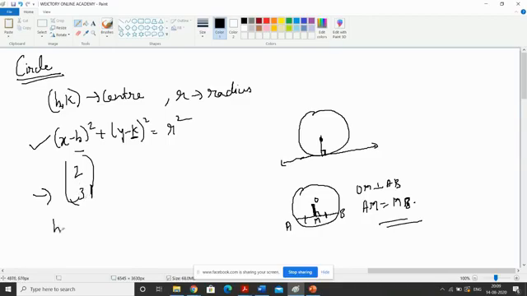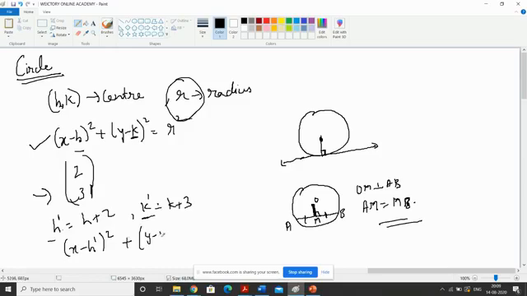So new h dash will be h plus 2, and the new k dash will be k plus 3. And once you get the new center, see, if you are shifting the circle, the radius is not going to change, only the center will change. So you just find out h dash and k dash, and after that equation of circle is x minus h dash square plus y minus k dash square is equal to r square.